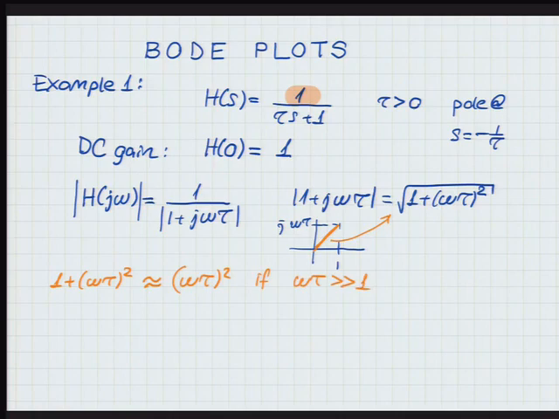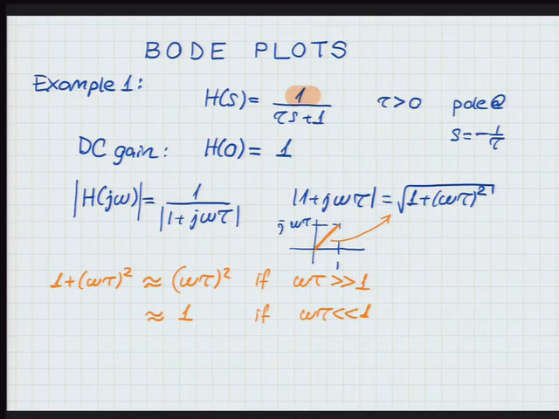Clearly, because then 1 is nothing compared to (omega tau) squared, right? And similarly, if omega tau is much smaller than 1, then the (omega tau) squared term is too small compared to 1, so then we can approximate it as 1. Okay, so the main premise of the Bode plots is to use this approximation.